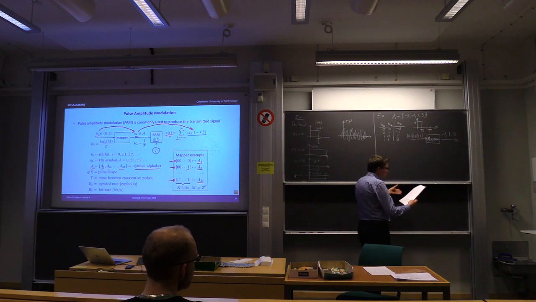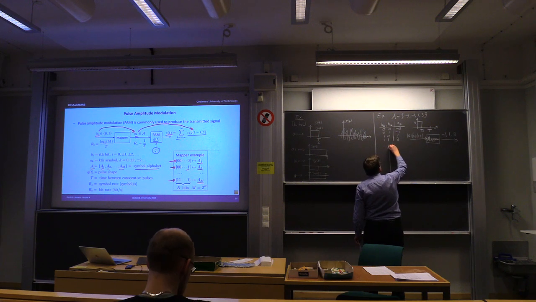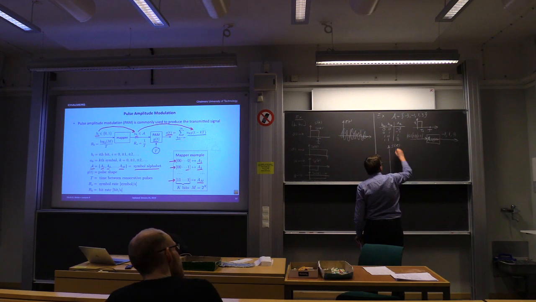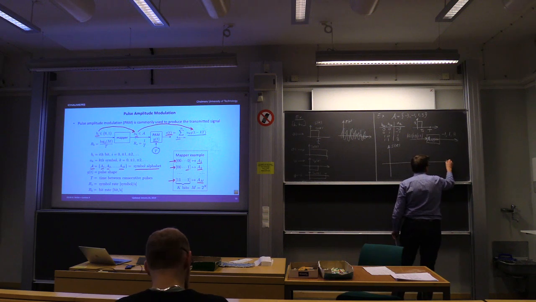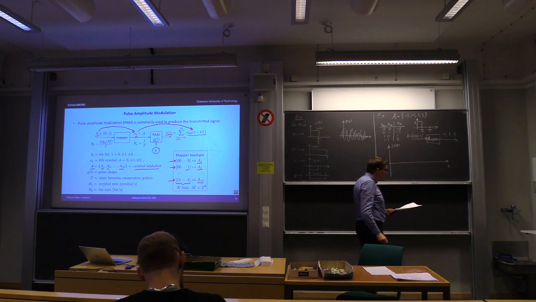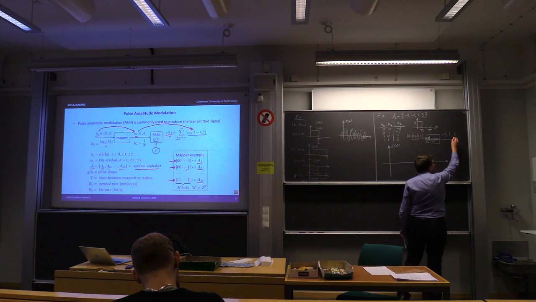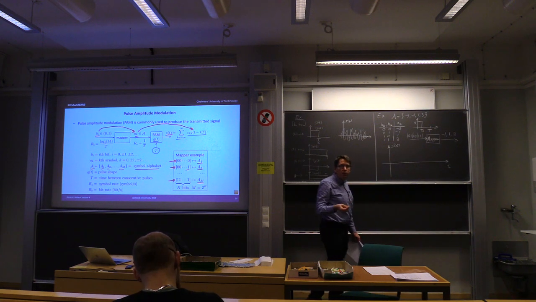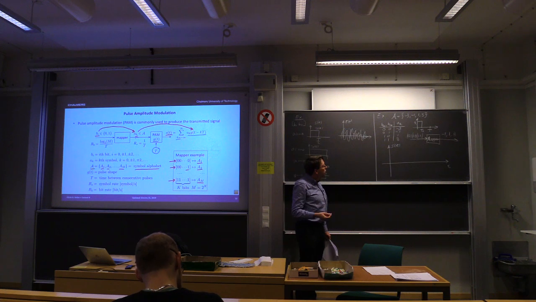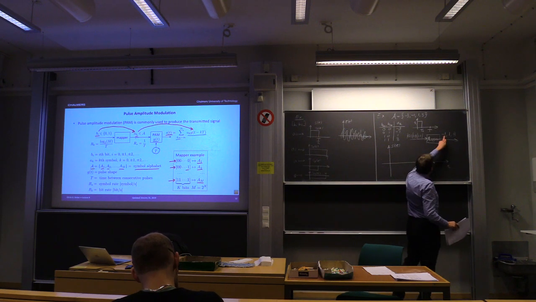All right. So what is then the signal here that we get? S of t. Well, we have 3 amplitudes here. 1, 2, 3 amplitudes. Each of them is represented by a pulse. So the first amplitude is -1. So we take -1, we multiply that with the pulse shape.